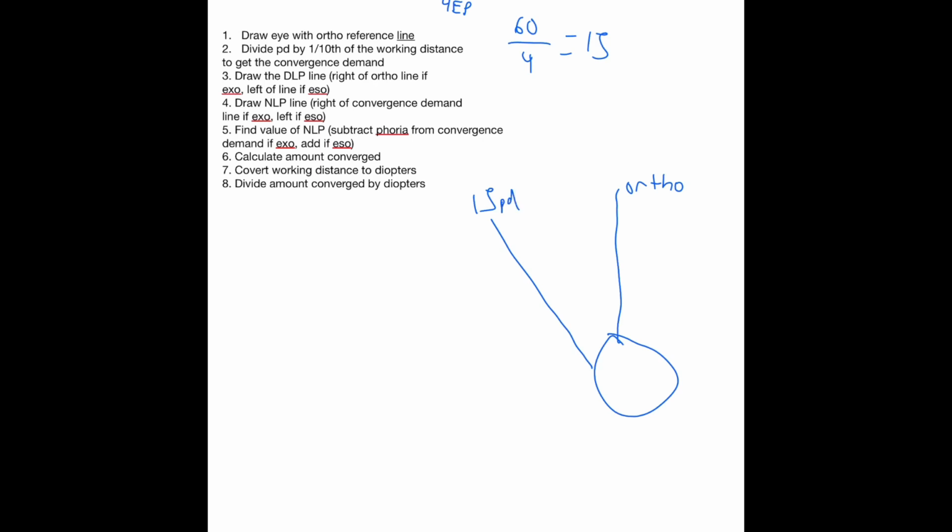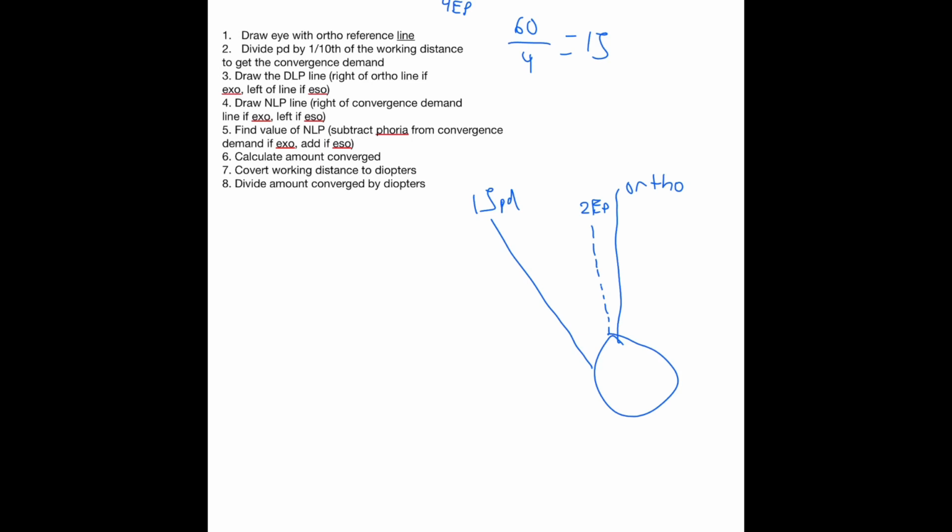Okay. Next, draw the distance lateral phoria line, right of ortho line if exo, left of line if eso. So this one is 2 esophoria, so we're going to draw a line to the left, 2 esophoria.